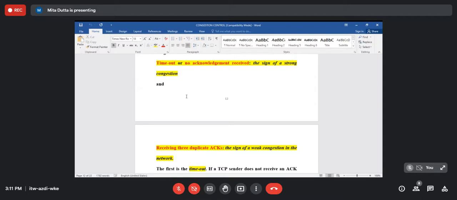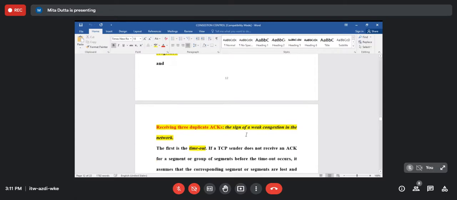Since we are receiving acknowledgements from the network, we call this a light congestion, or a sign of weak congestion in the network.